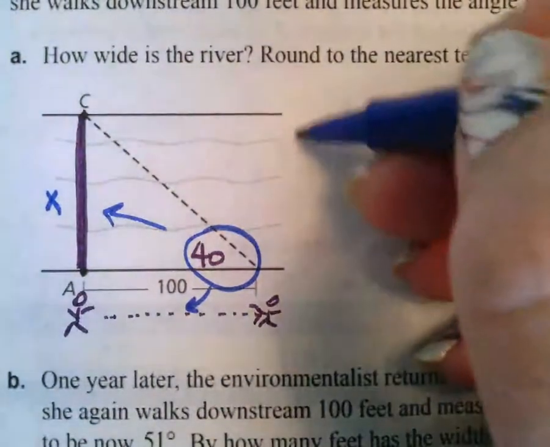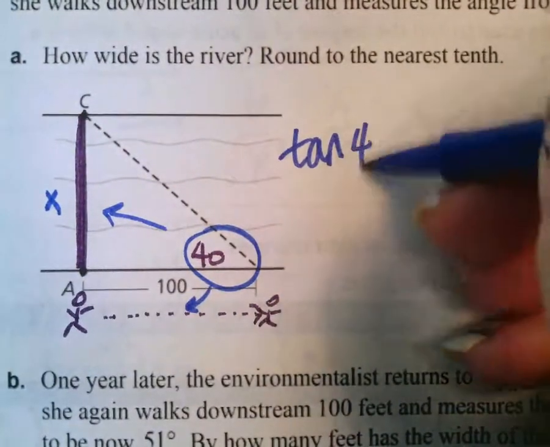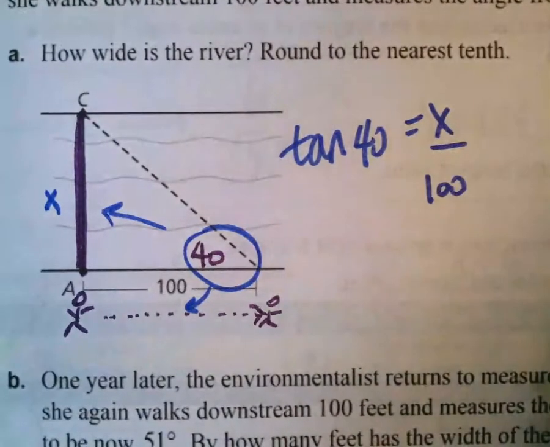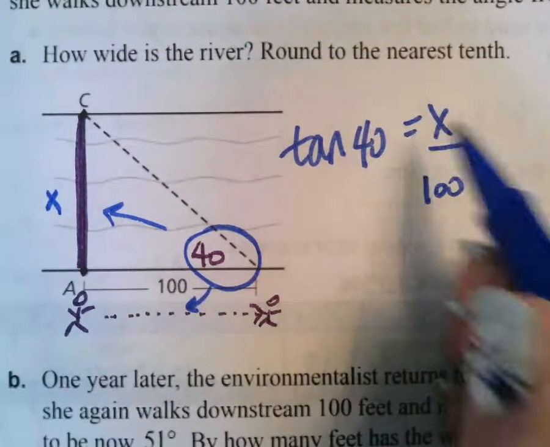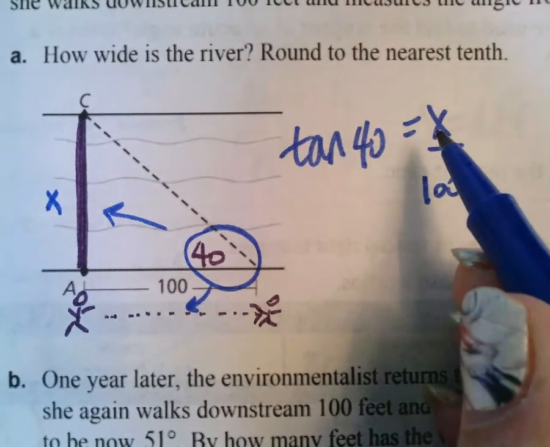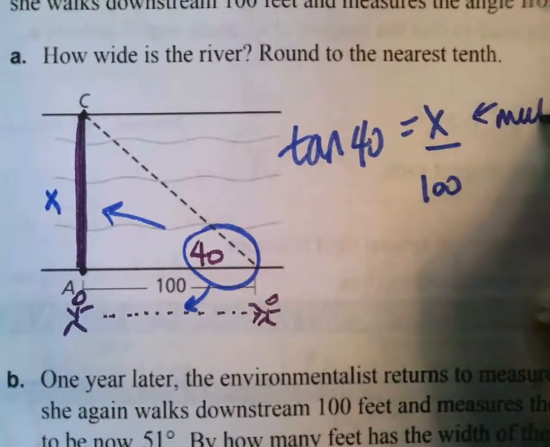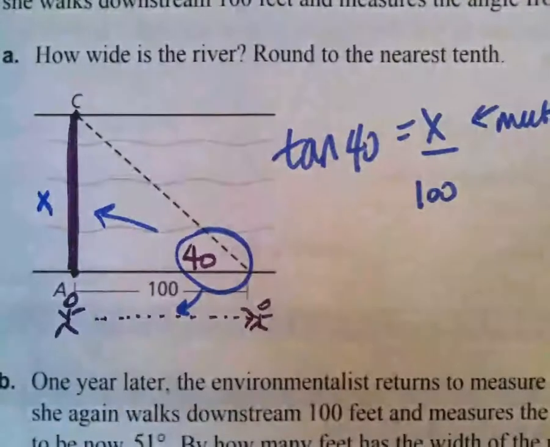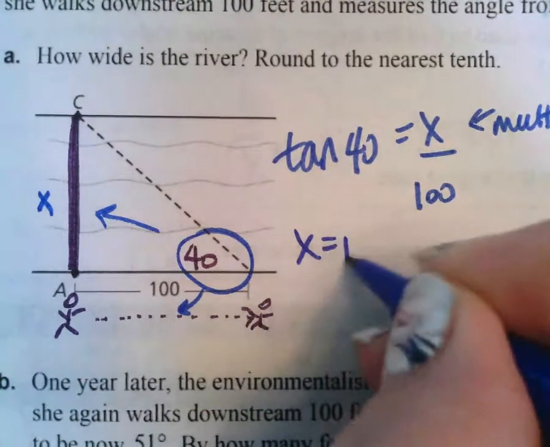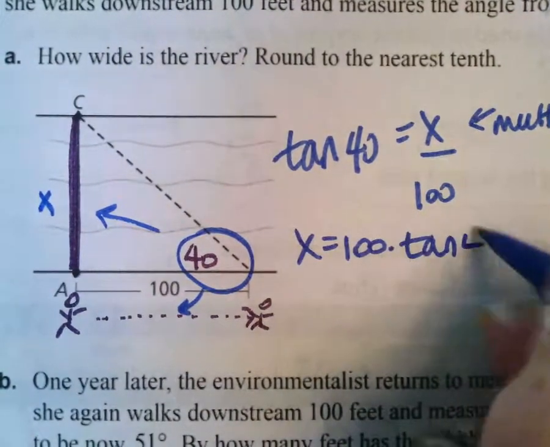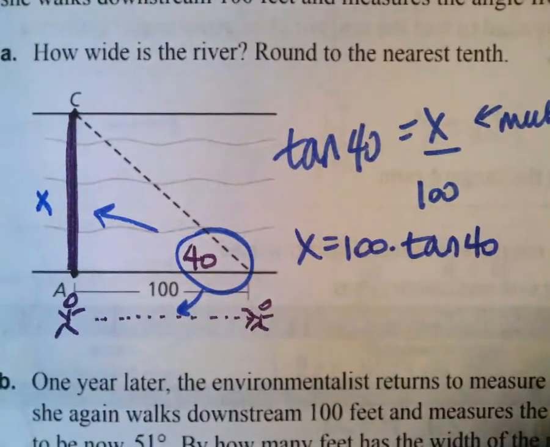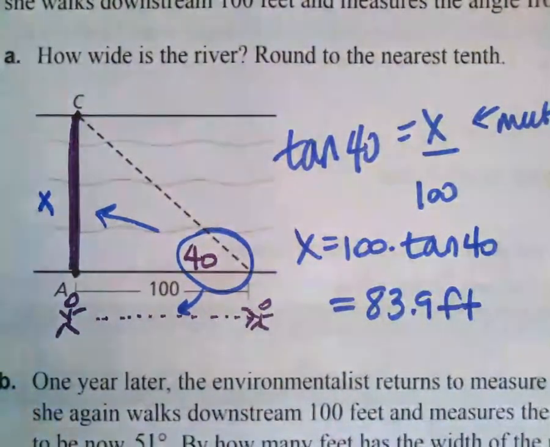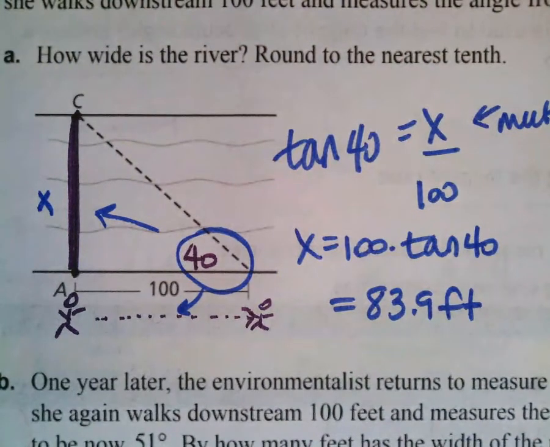So I'm going to use tangent 40 equals X over 100. X is in the numerator, which means I'm going to multiply. You can't see that, but I wrote multiply. All right, so X is equal to 100 times tangent 40. If you put that in the calculator, you should get 83.9 feet. That is how wide the river is.